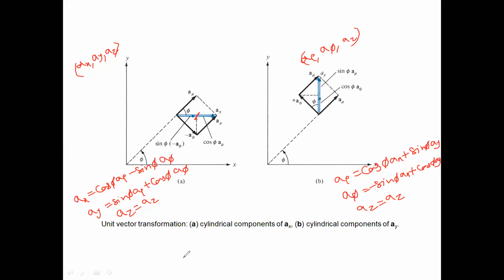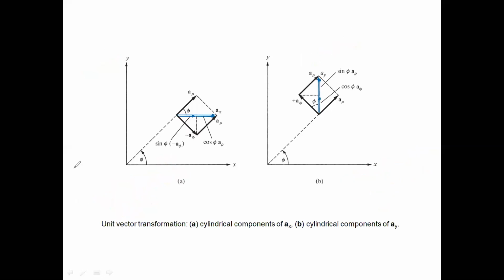So in order to represent in the form of a matrix, I am writing now. Please check it here. The left hand side, if you take a rho, a phi, az, there is a vector representation equal to cos phi, sin phi, 0; minus sin phi, cos phi, 0; 0, 0, 1.